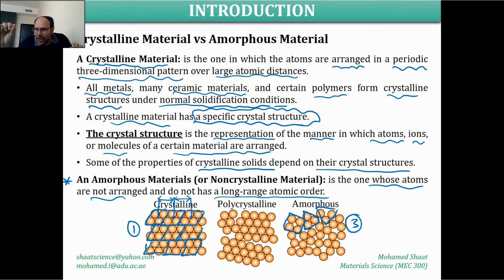You have a chain of atoms, and this chain will be randomly kinked and linked inside the material structure. So it is a very random structure. That's why it is amorphous. Many of the polymer materials will be in that way. Make sense? Now we need to discuss the second arrangement, which is polycrystalline.